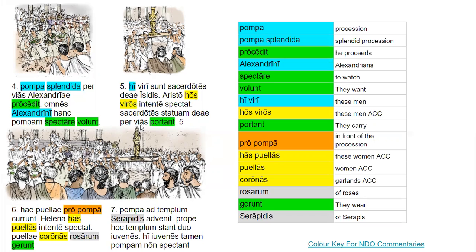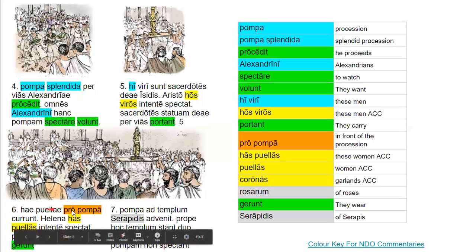At least they viewed the gods as being able to take a physical form, but they wanted to have a physical form that they could actually look to and worship. So that statue would live in the temple, but they would process it around on certain festival days. So let's see. Deae is a genitive right there.